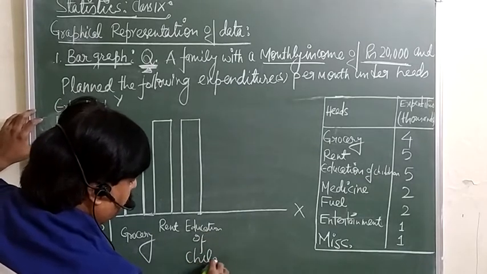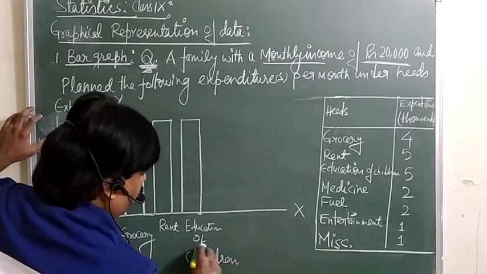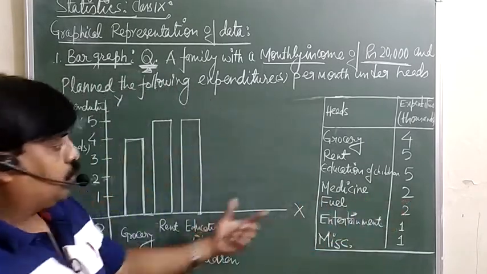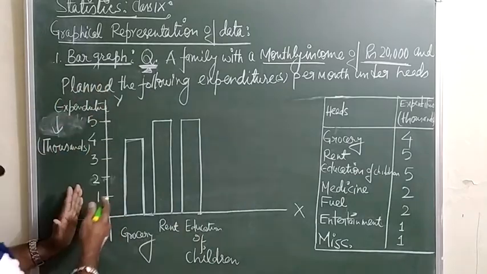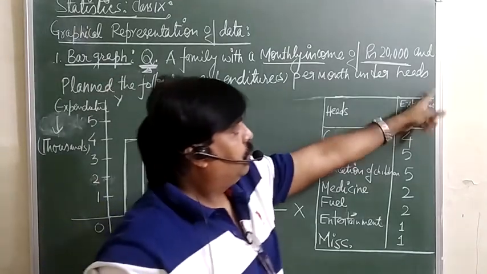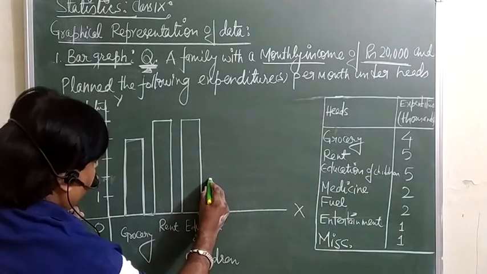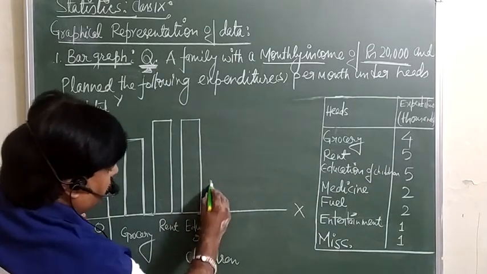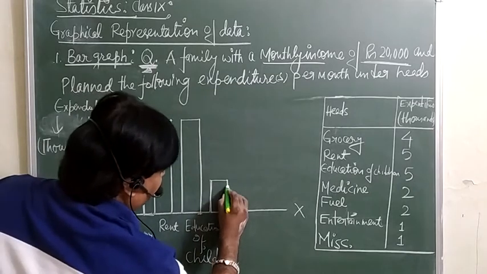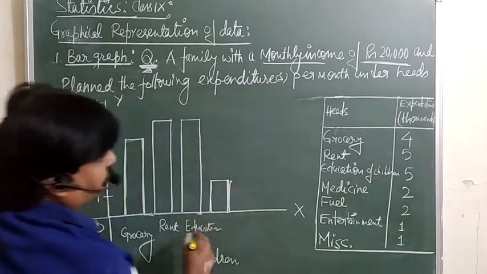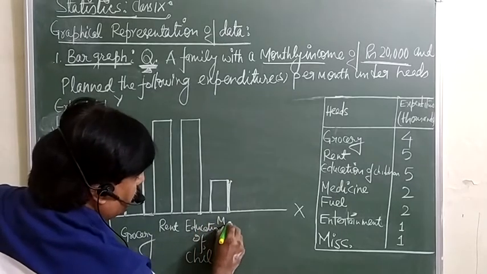Now on medicine we are going to spend 2,000. This information is given in 1,000s according to the question. So this 2. You are supposed to make the bar here. This is your medicine.